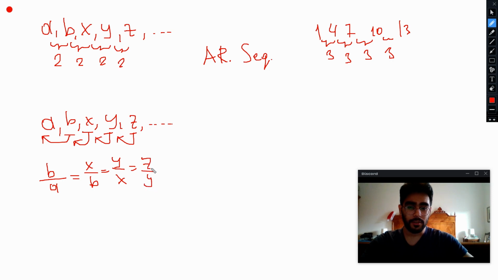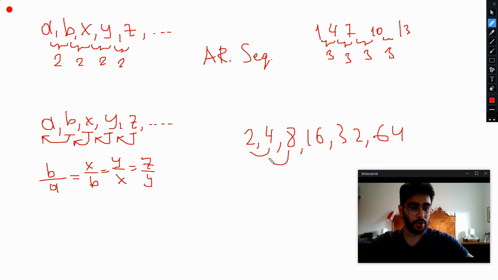Again, the ratio of the term to the previous term. For example, we have 2, 4, 8, 16, 32, 64. Now, if you check the ratio, 4 divided by 2 is 2. 8 divided by 4 is 2.